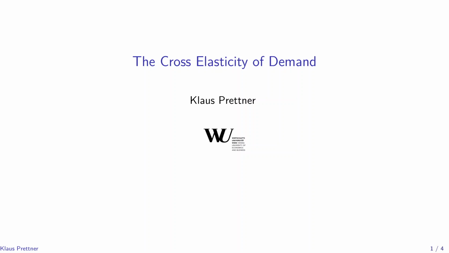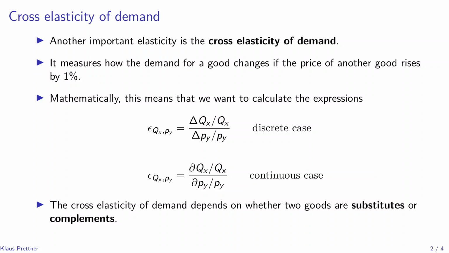Now we talk about another elasticity that is very important, and that is the cross elasticity of demand. The cross elasticity of demand measures how demand for one good changes if the price of another good rises by 1%. So mathematically it means that we calculate the expression epsilon qxpy.